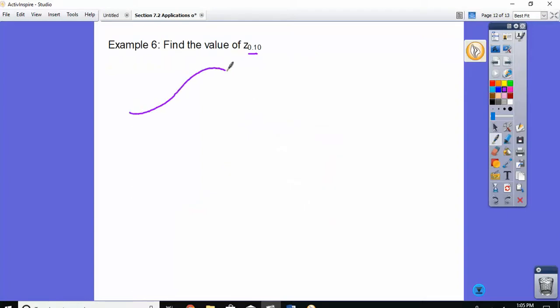What this means is I want the Z value so that 10% of the area is to the right. So if you draw your little picture, it's saying this area is 0.10. Tell me what Z equals. Tell me any thoughts you have on how we could get that.